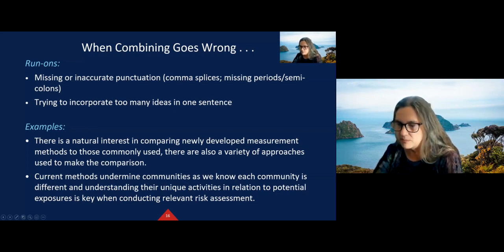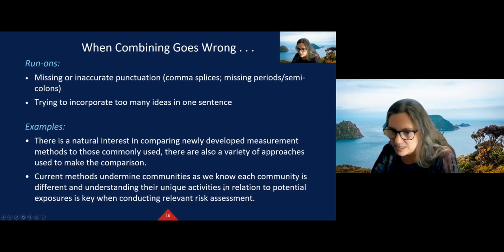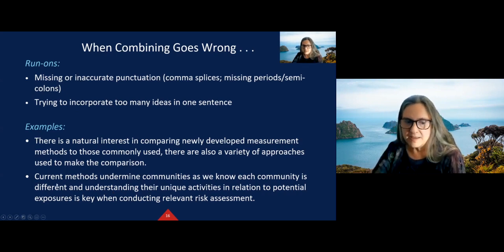So it's like, oh, wait a minute, what? So something must go here, right? But then we come to "each community is different and understanding," but then we get "their unique" what? Wait, what? So again, we need something here, a comma maybe, to signal these two independent ideas.